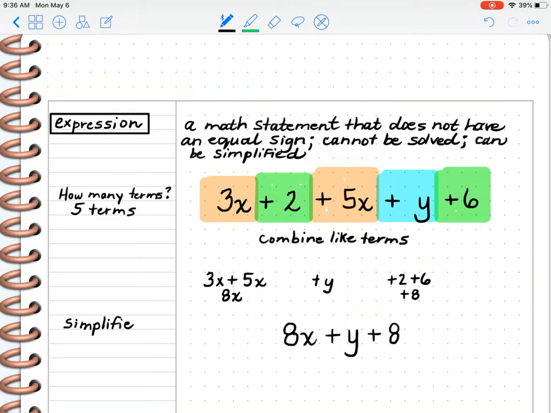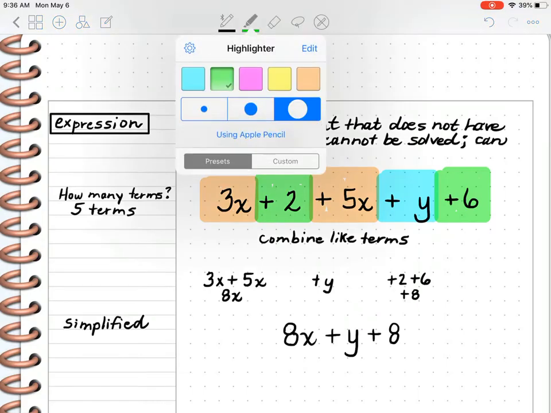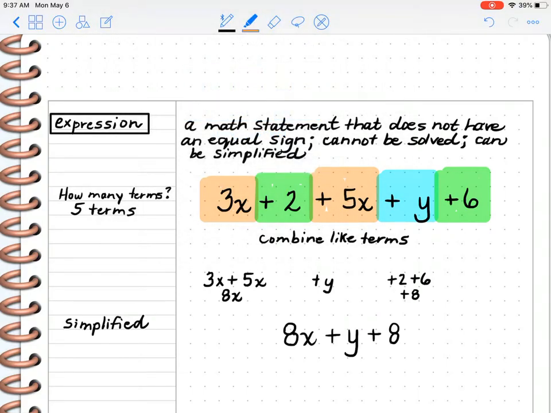And I know that because, well, let's count the terms and see what we come up with. So before we had 2 x terms, and now we only have one term. The coefficient's an 8, but we just have one term. And we still only have one y term because that's all we had to start with. So that one didn't change at all.